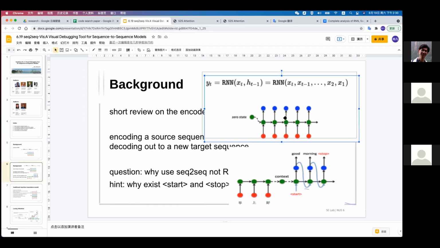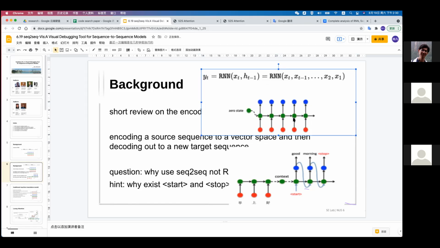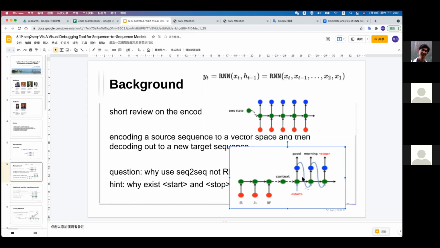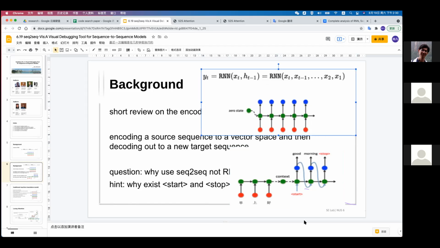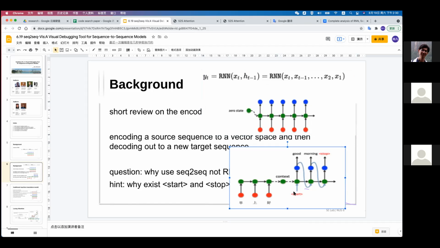For the traditional recurrent neural network, there are also many sequence-to-sequence tasks like machine translation, and now machine translation uses the sequence-to-sequence model. So why, for the same application, is the sequence-to-sequence model better?